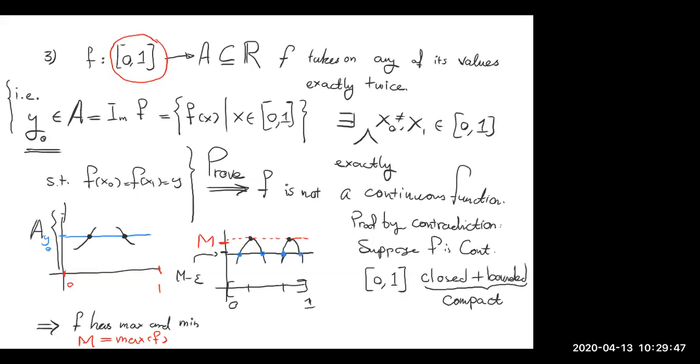This is the way to solve this problem, but there's a small mistake here. Can anyone tell me what's wrong with this argument? We can correct this argument, but there's a small flaw in it.